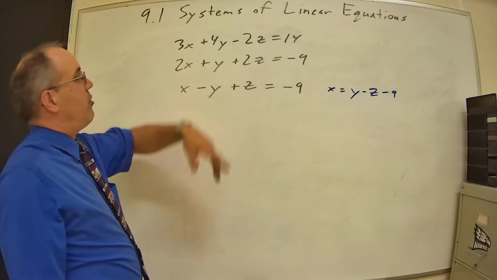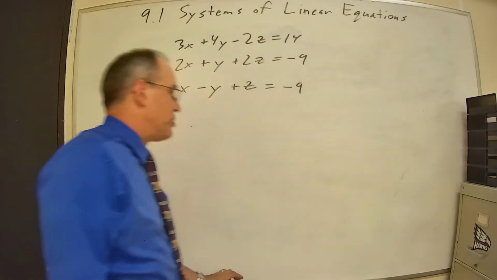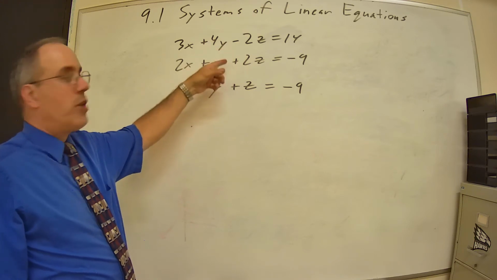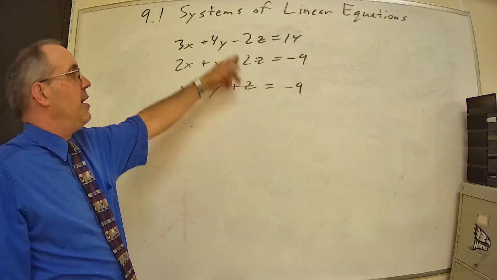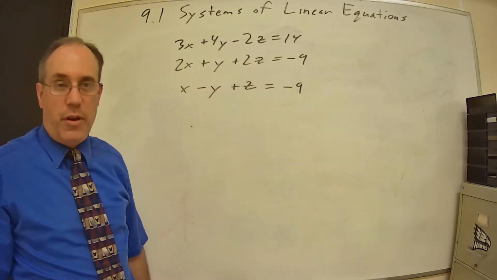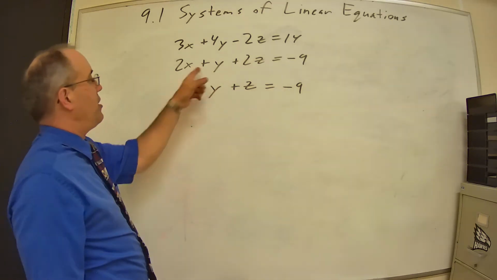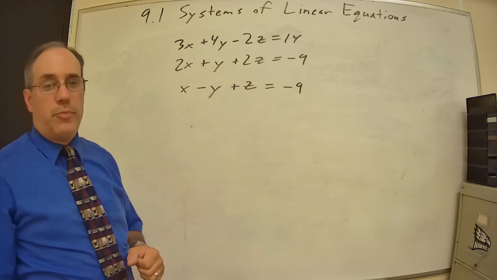I look at this and I go, if I'm going to deal with elimination, let me get this out of the way just because I'm not going to use substitution. But if I'm going to deal with elimination, using those first two equations seems pretty easy. I've got negative 2z, I've got positive 2z. So if I add them, z is going to disappear. Looking at the second two equations, I've got plus y and minus y. If I add those two together, then y is going to disappear.